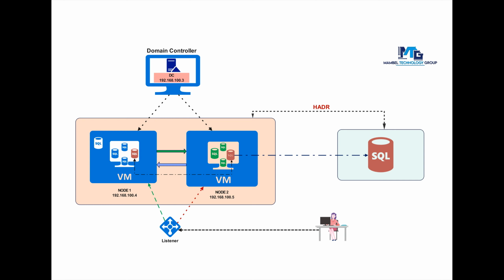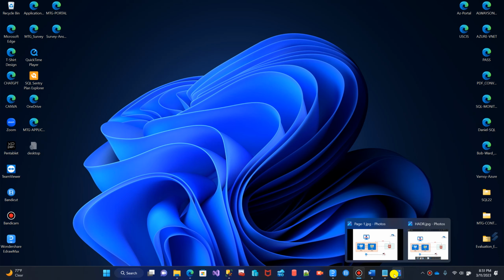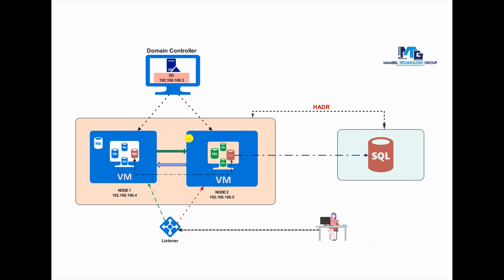So, in our previous video, we saw how to create always on availability group. And as you can see from this diagram on the whiteboard, this is a solution. This is our high availability. It means we have configured node 1, as you can see here, and node 2 in an always on availability group.